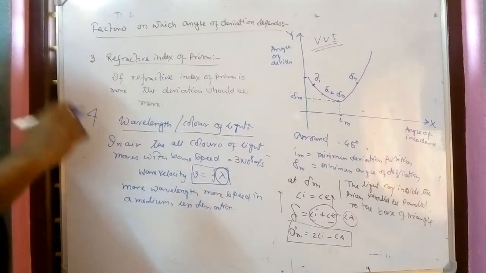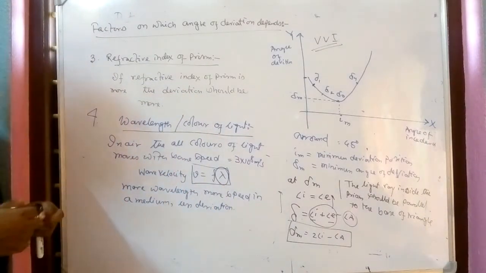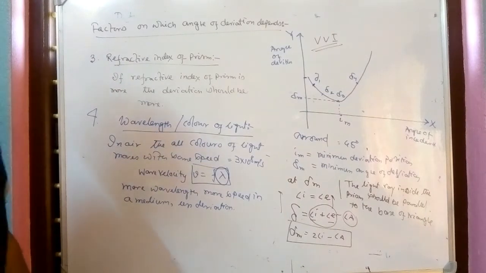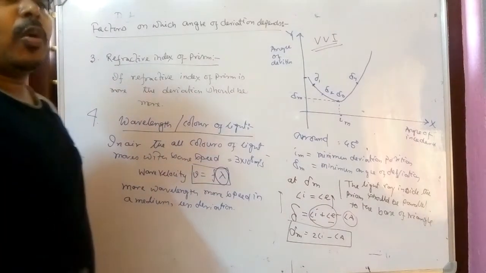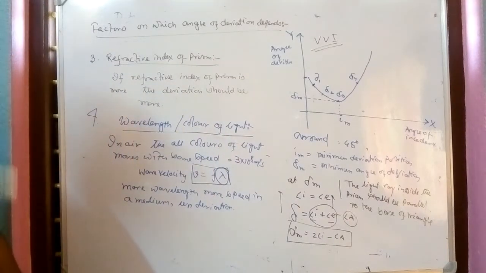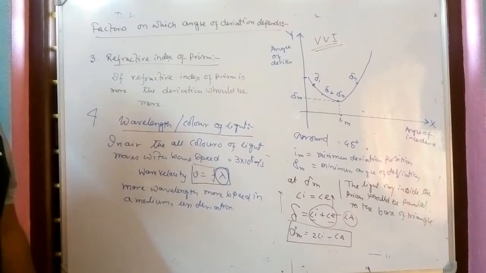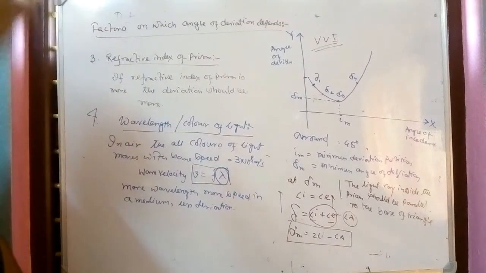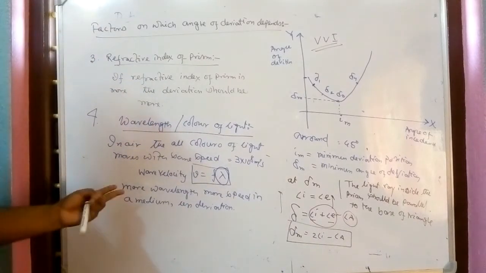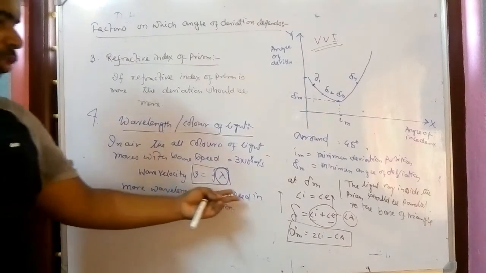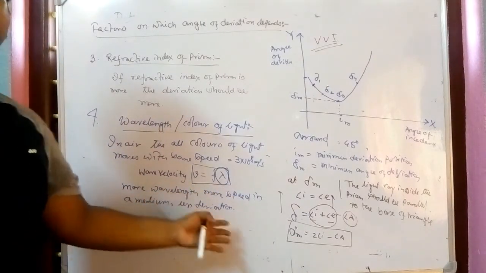Simple thing, if I am talking about a car which is moving very fast through a road, if you see the path of the car, almost it is going by a straight line, because rest of the vehicles just give path to this car so that it can move fast. So more wavelength means more speed in a medium, so less deviation.